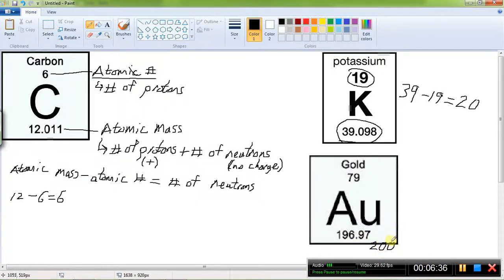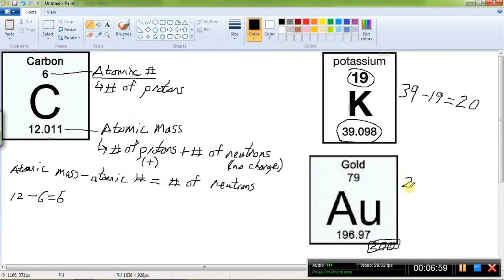Some gold atoms will have a larger mass, some will have a smaller mass. Let's say we have a gold atom whose atomic mass is 200, and we want to find the number of neutrons in this specific gold atom that has an atomic mass of 200. So again, we know the number of protons, 79, so we know the atomic number, and we know the atomic mass.